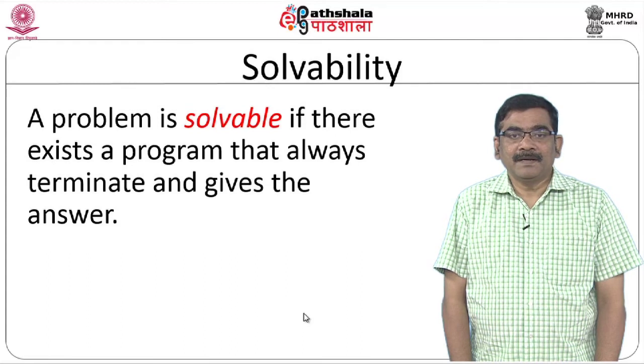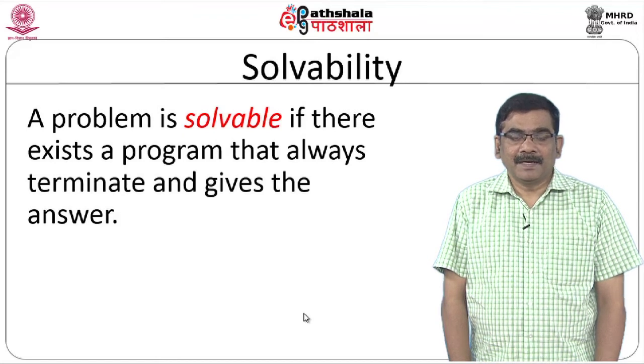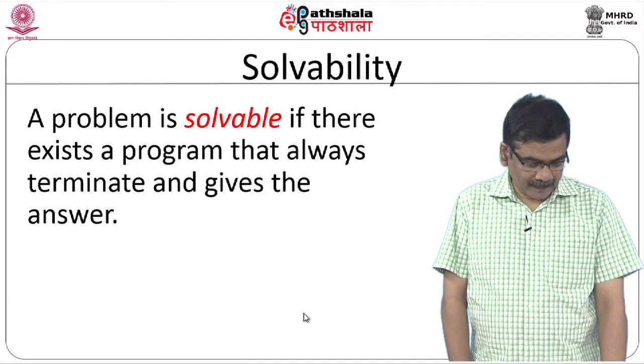For example, sorting an array is a solvable problem, because we have plenty of algorithms that can execute and give the answer in polynomial time. Therefore, sorting is a solvable problem.